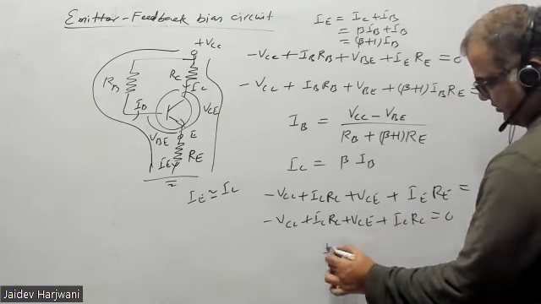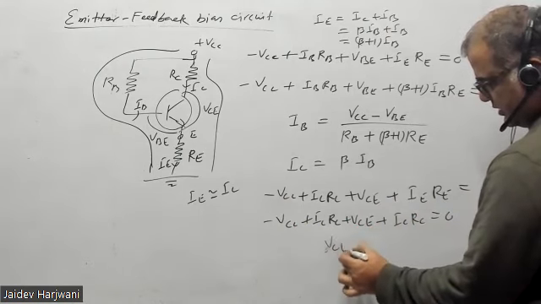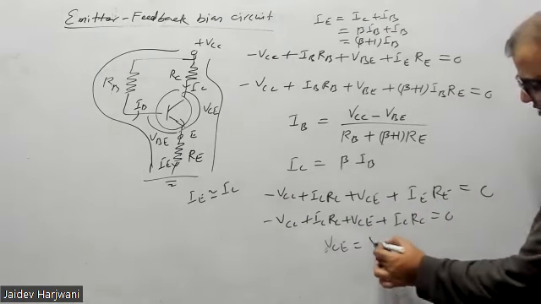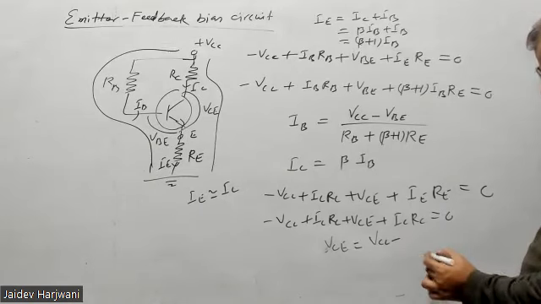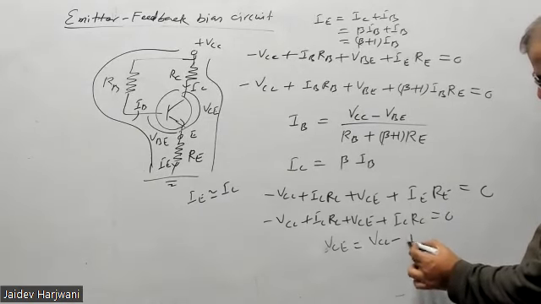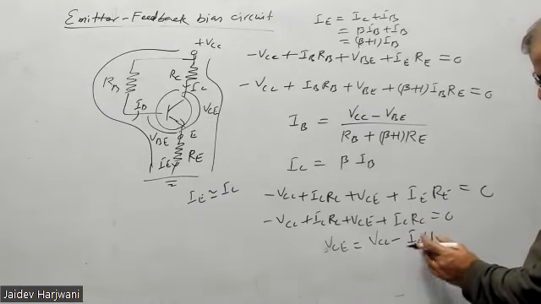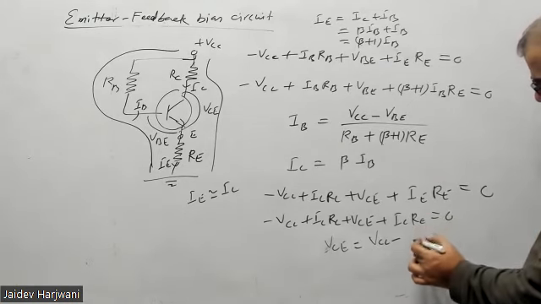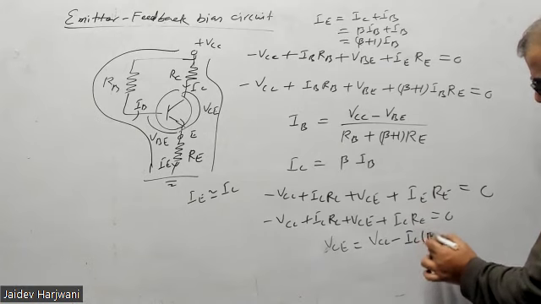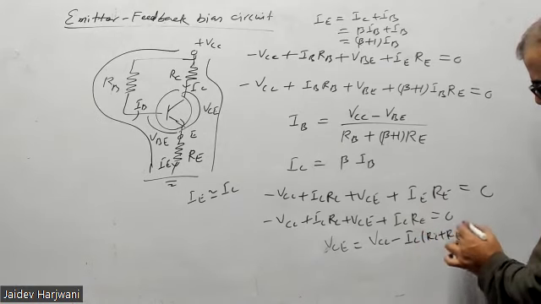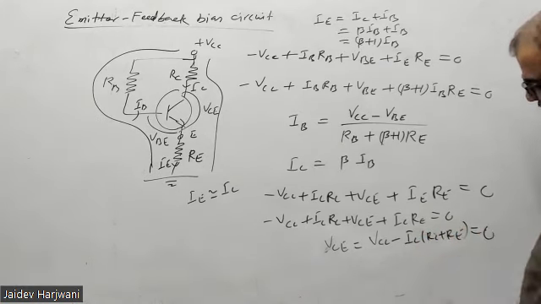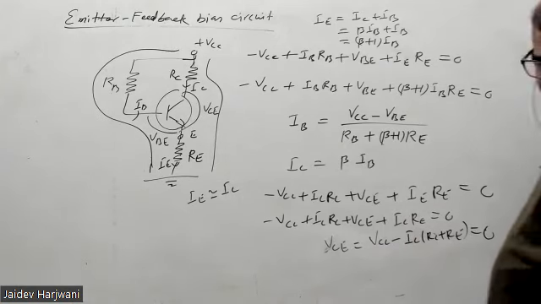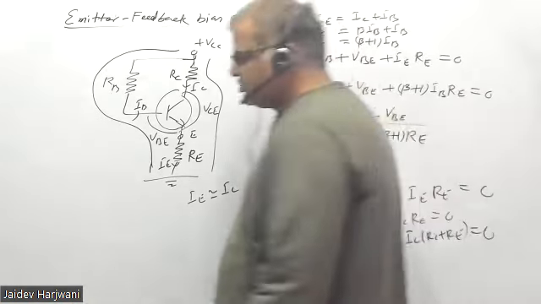And now you can find the value of VCE. VCE value will be VCC minus IC into, tell me, what? RE. Yes. IC (RC plus RE) is the formula. Now the formula changed, and the formula of IC saturation will also change.